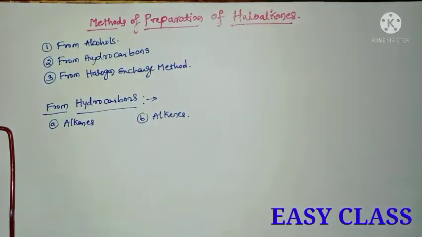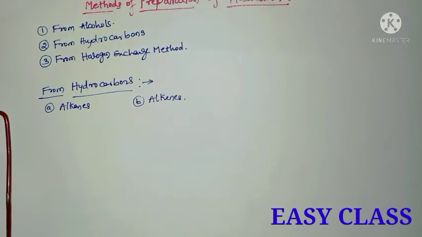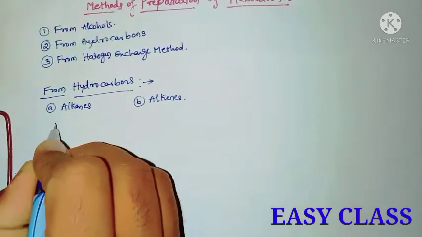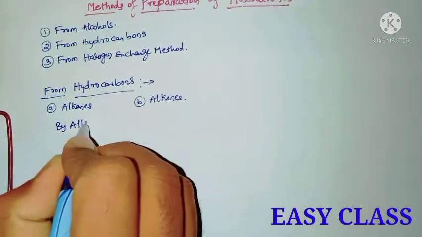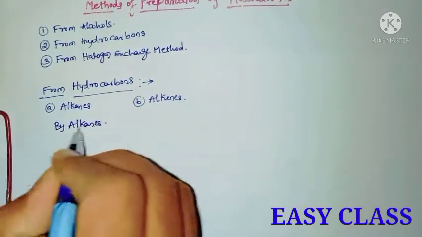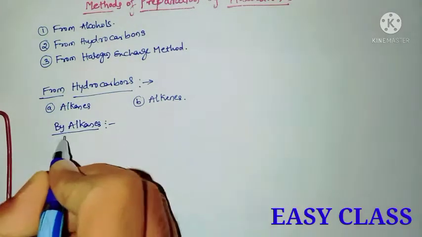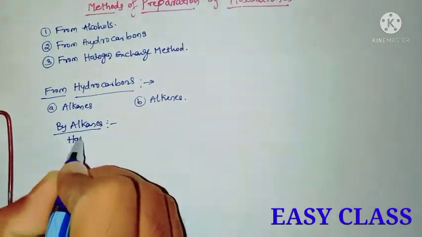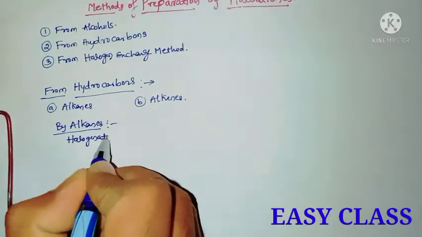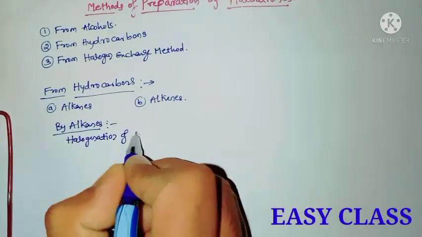First we will discuss the alkanes, and then we will study the alkenes. In the earlier classes, in class 11, we studied how we get haloalkanes from alkanes. This process involves the halogenation of alkanes.